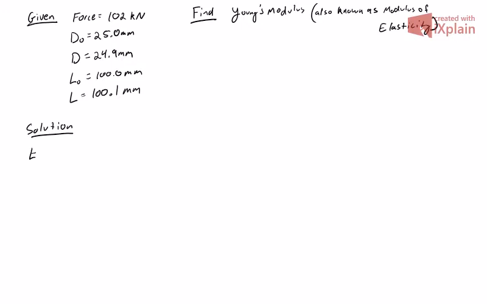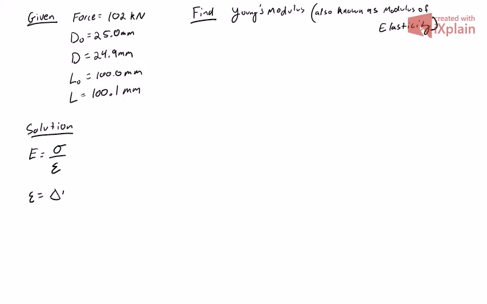All right, so Young's modulus is defined as stress divided by strain in the elastic region for our material, right? So that means we need to calculate both the stress and the strain for this object. So we'll do strain first, since that's a little easier.